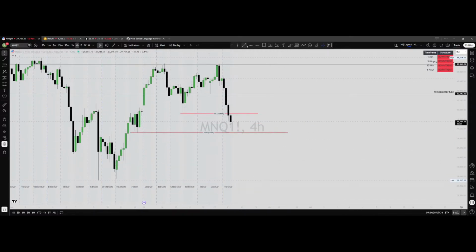Another sell side liquidity, and all the others are way below. Okay, yeah, so this is what is happening on 4-hour time frame.